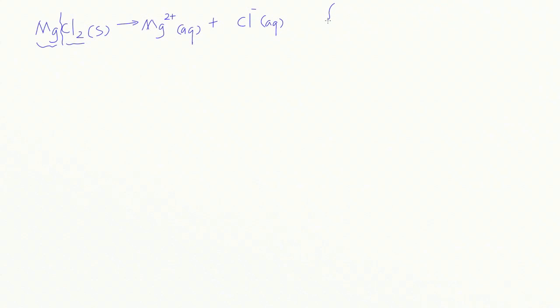But we are not done yet, because when you look at this equation, the two things I need you to remember here are, first, the number of the elements has to be balanced, and second, the charge has to be balanced. So when you look at this, you have one magnesium on the two sides, so magnesium is good.